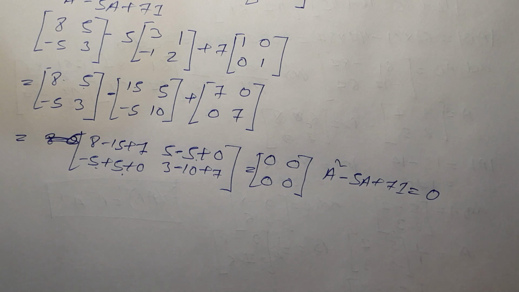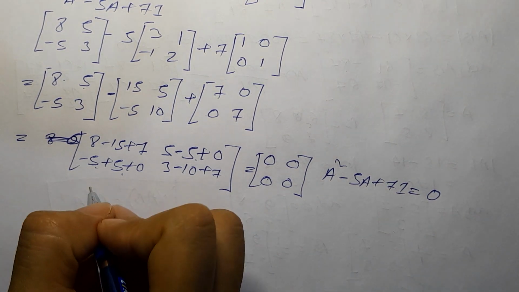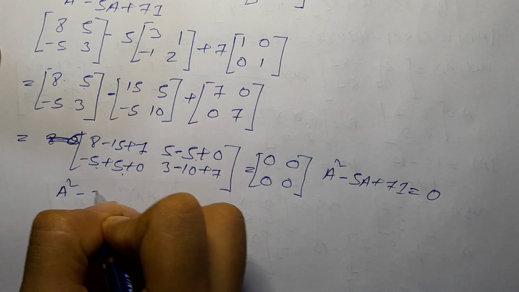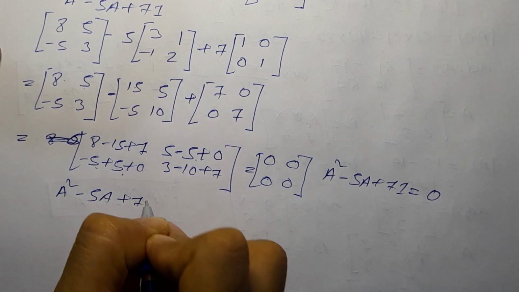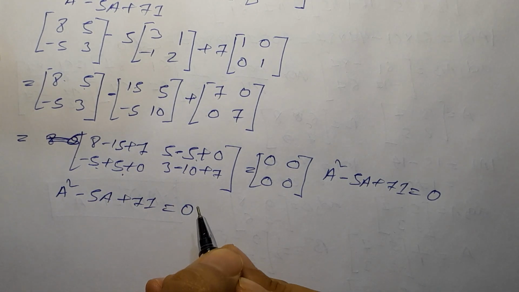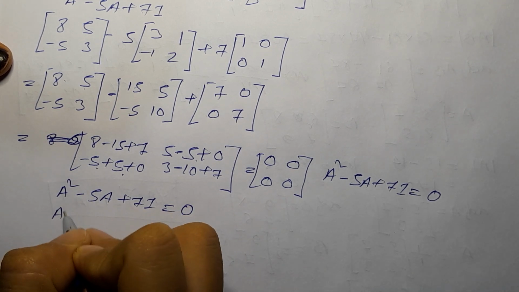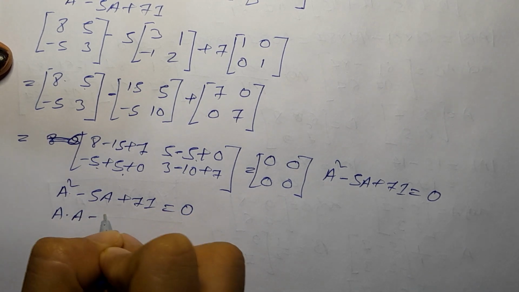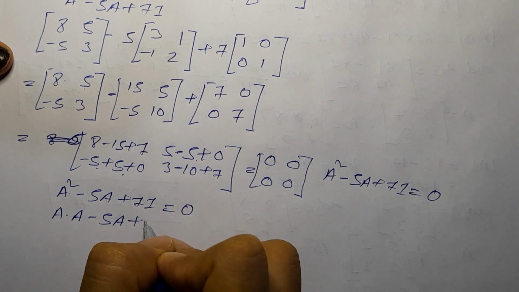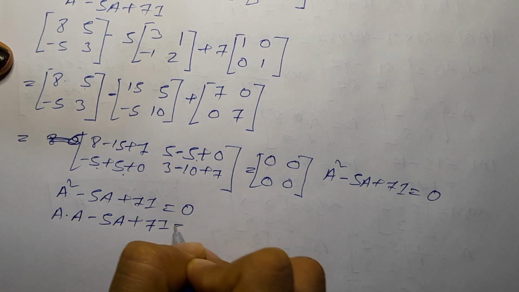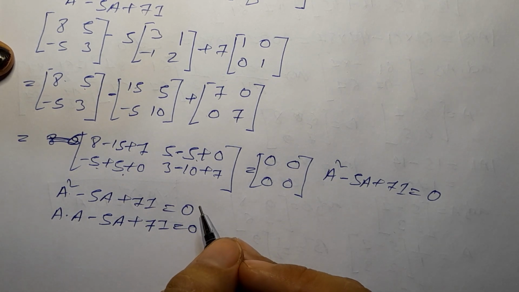From here we have to find the A inverse. So that is A square minus 5A plus 7I equal to 0. Now, instead of A square, we write A into A, minus 5A plus 7I equal to 0. Multiply each and every term by the A inverse.